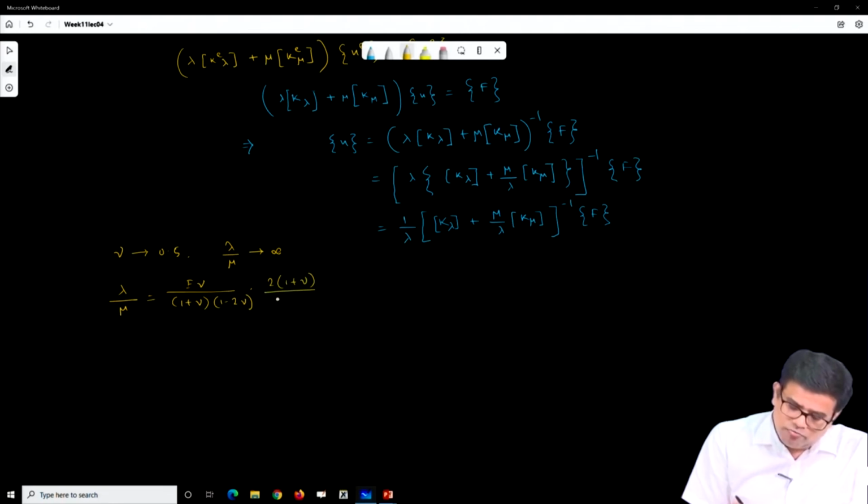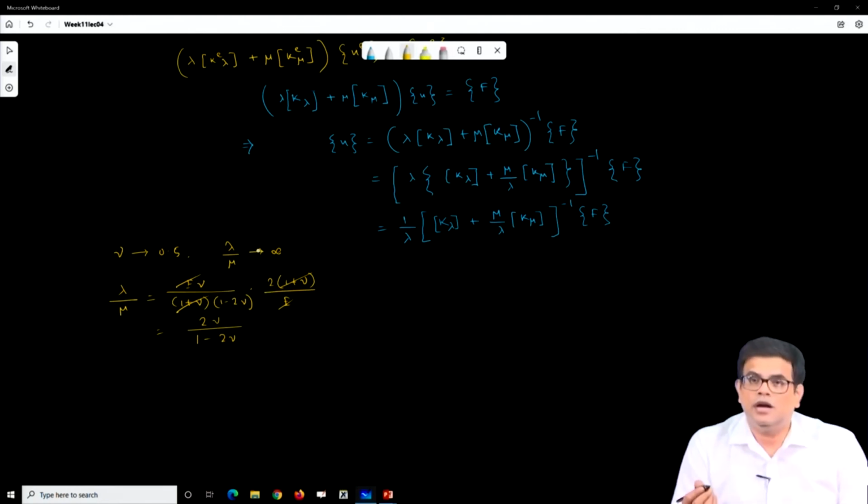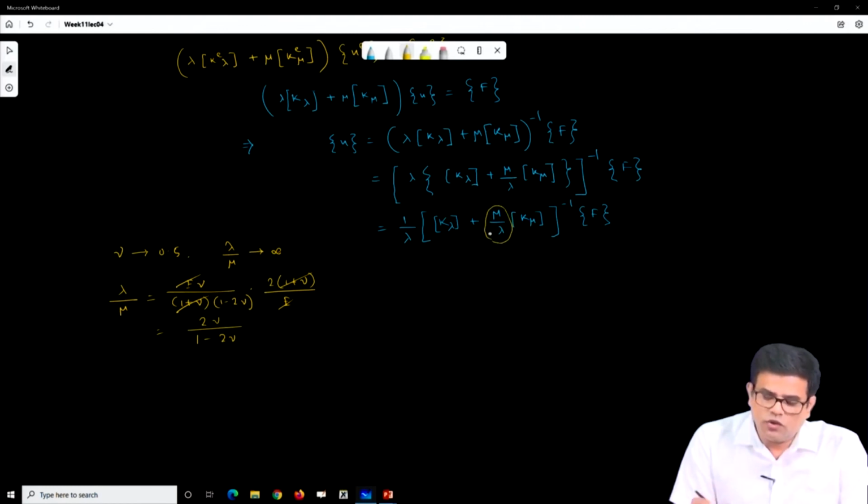Naturally E cancels and 1 plus nu also cancels, leaving 2 nu by 1 minus 2 nu. Essentially this ratio goes to infinity as nu tends to 0.5. So the quantity mu by lambda goes to 0.